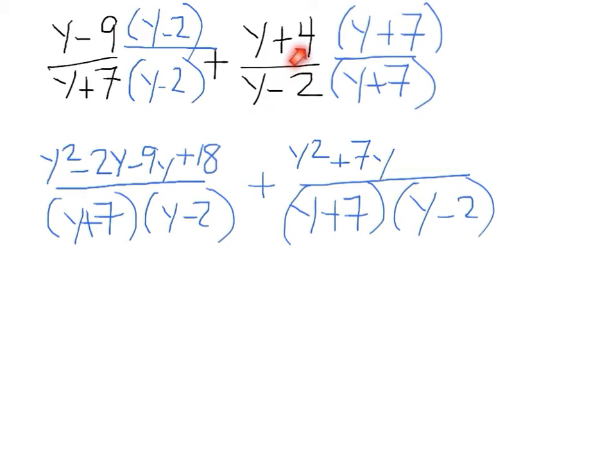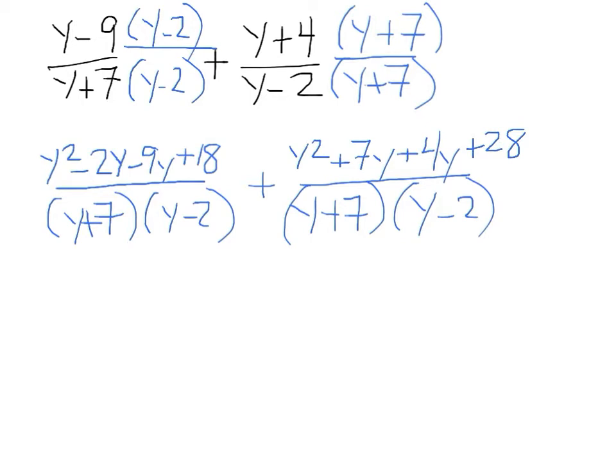Then it's this dude's turn. 4 times y is 4y, plus 4y. Okay. And then plus 4 times plus 7 is plus 28. Okay, plus 28.